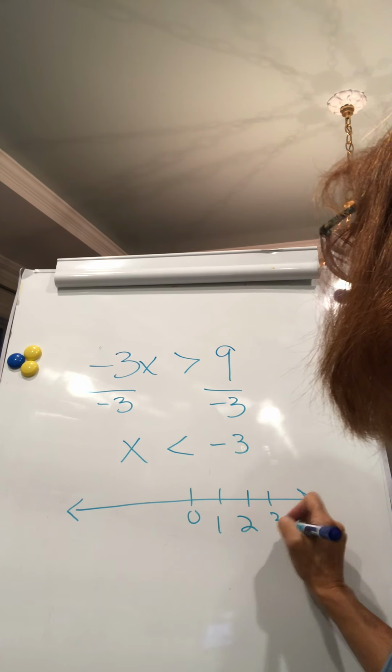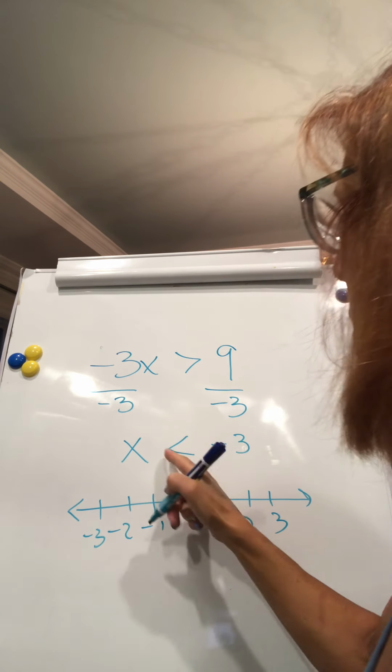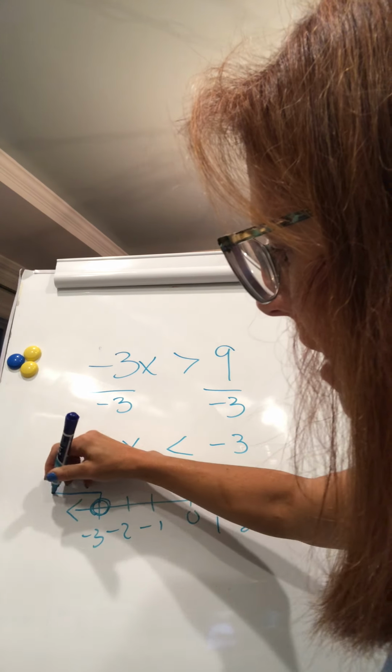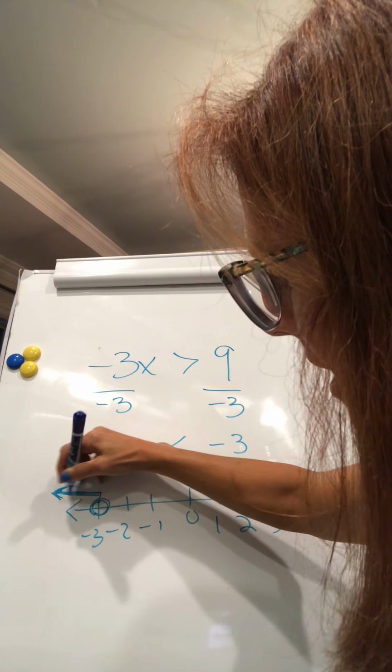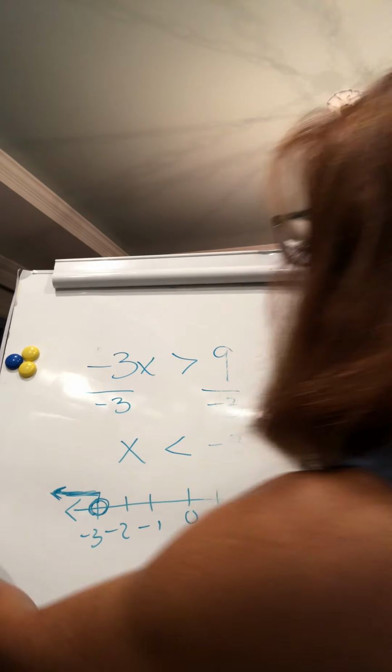I would label my numbers. Because it's strictly less than, I want an open circle on 3, and then I want to indicate that I'm shading to the left. Okay.